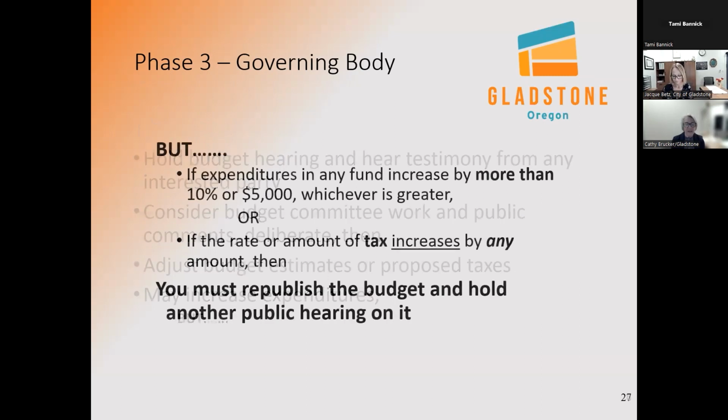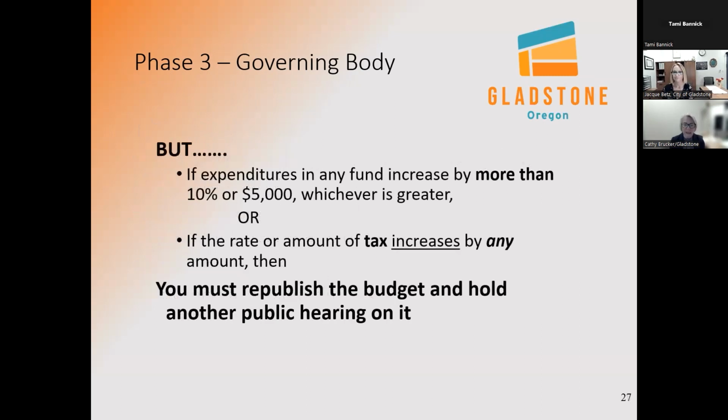But if the city council does decide to adjust the budget, it will, excuse me, let me back up a minute. Normally, the council will adopt the approved budget, but if for any reason they do decide, they do still have that ability to adjust the approved budget. Next slide.